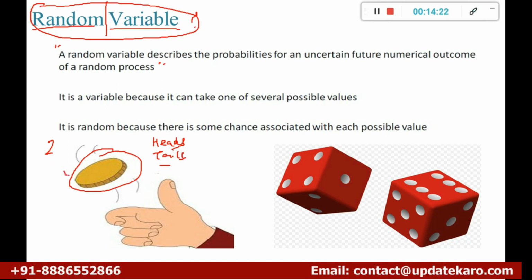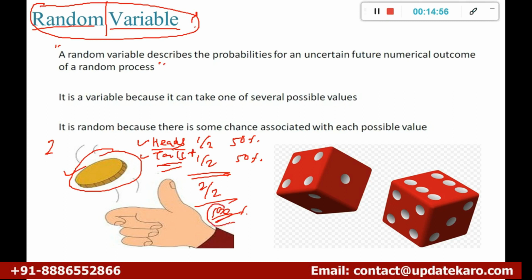Now each time I toss a coin, I can get either heads or tails, which means the probability I would get heads or the probability I would get tails is 50%. If I add these two probabilities, I will get the result 100% or 1.